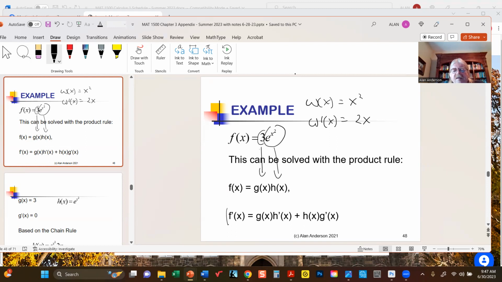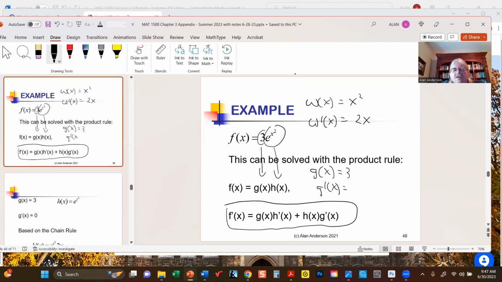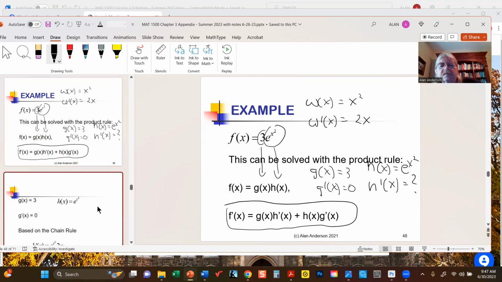And of course, here's the statement of the product rule. So if g of x is 3, g prime of x is 0, h of x is e to the x squared. Now then it's the h prime of x that we have to think about. So we'll do that on the next slide.